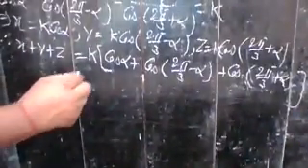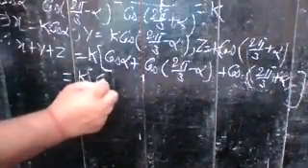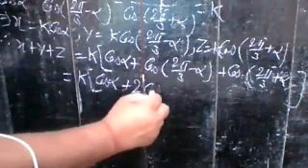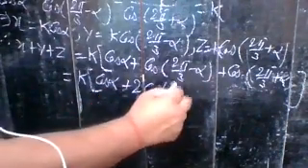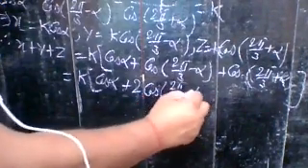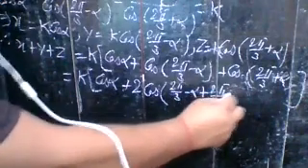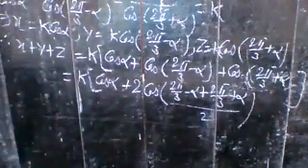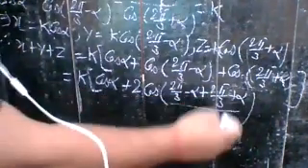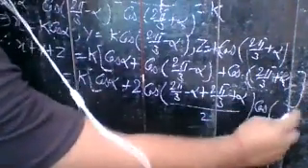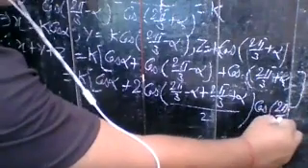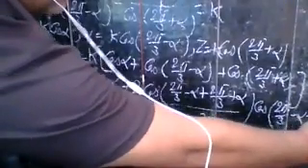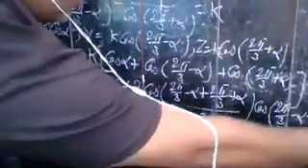So that is equal to k times, here you write cos alpha as it is, and here you apply the identity: 2 cos of (x plus y) by 2, so add all those terms, 2 pi by 3 minus alpha plus 2 pi by 3 plus alpha, whole upon 2, into cos of (x minus y) by 2, that is 2 pi by 3 minus alpha, change its sign, minus 2 pi by 3 plus alpha, whole divided by 2.